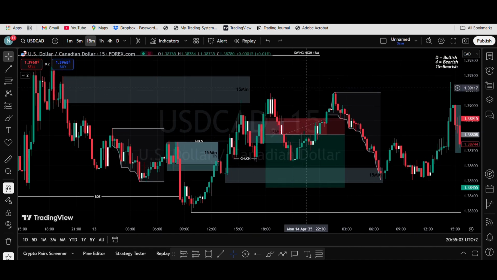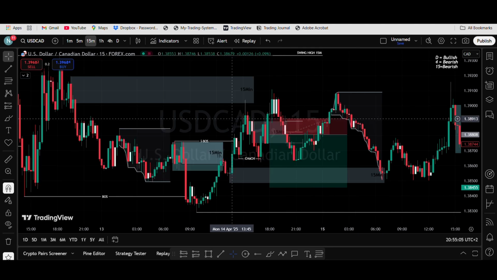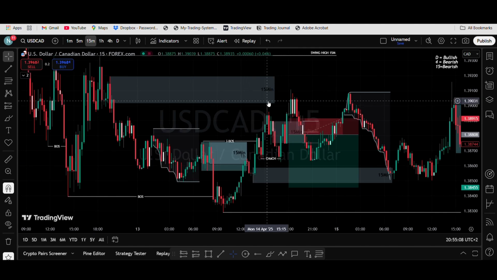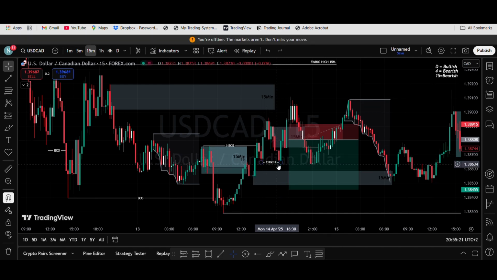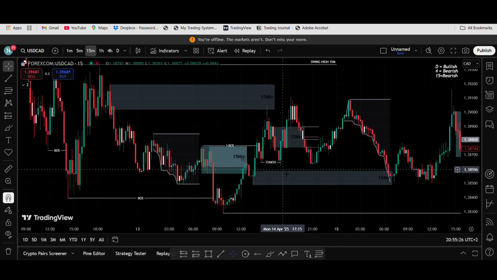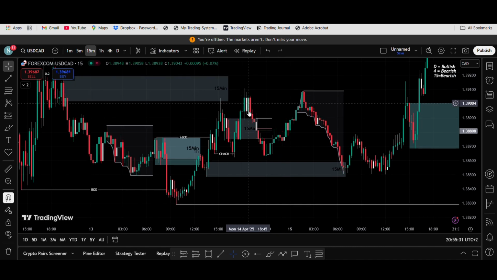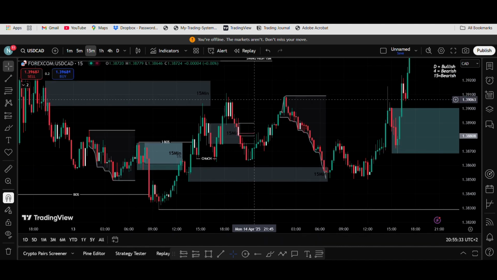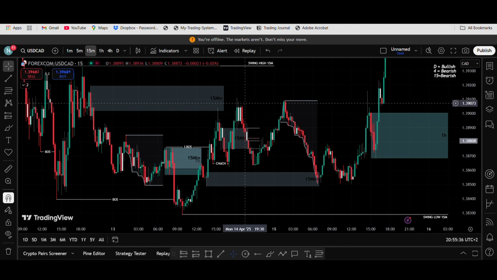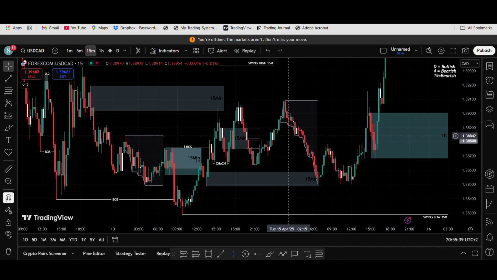So another thing I was looking at is, okay, you have this zone, it was mitigated, but it was a tiny mitigation as well right here. When this comes back, this is a strong liquidation because it's liquidating a high that managed to create a low, even though it's not the strongest of lows. And then this was a little bit more higher probability, where you have the strong liquidation into here, and also a decent amount of R to target before the swing low.